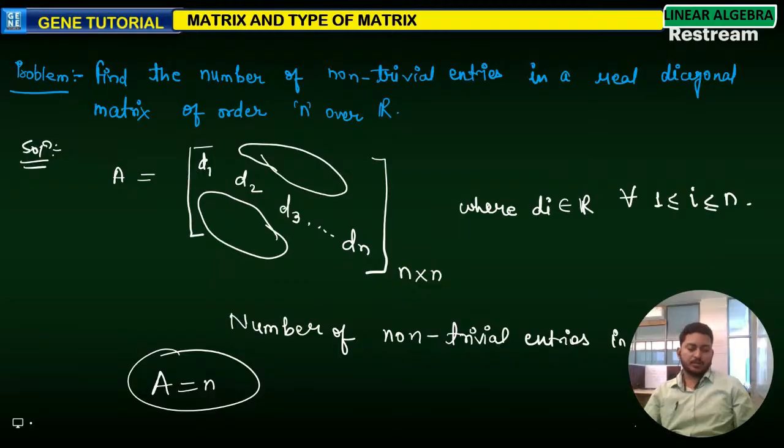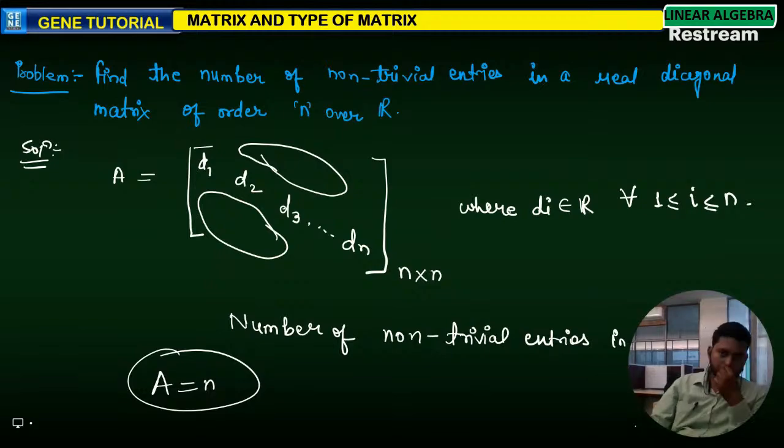Now come to the next problem, which has complex type entries. Okay, the next point is related to a complex diagonal matrix of order n over R. The only change is d1 plus i e1; some complex type entries we have included in a complex diagonal matrix of order n.